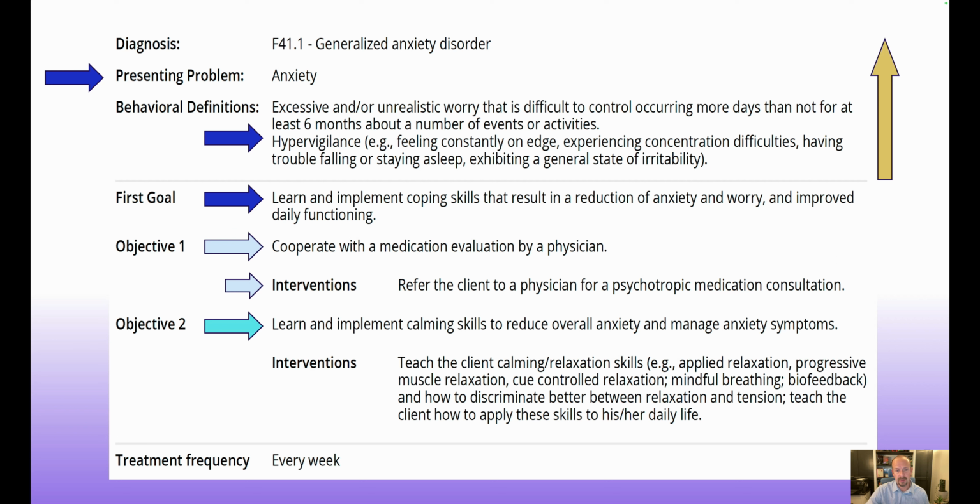And a second objective would be to learn and implement calming skills to reduce overall anxiety and manage anxiety symptoms. So the intervention to that, in order to help the client learn and implement calming skills, is to teach them the calming skills such as applied relaxation, progressive muscle relaxation, and how to better understand, discriminate between relaxation and tension.